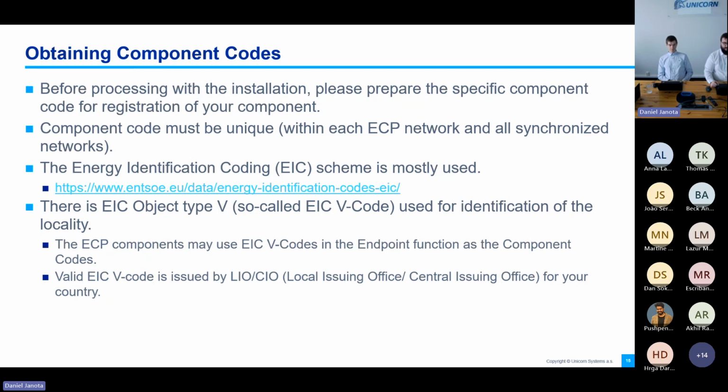In the case of ECCoSP, specifically object type V, the so-called V EIC code, is mostly used. This V code is used for the indication of a locality, and mostly these V codes are used as component codes of the ECCoSP components. The valid EIC code is then issued by the local or central issuing office for your country.